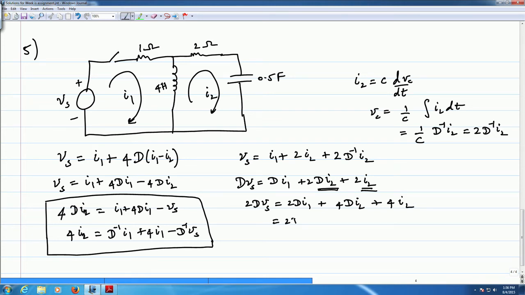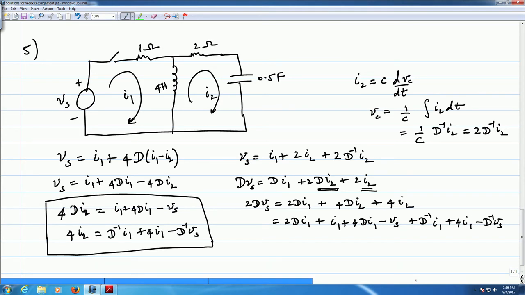So, this is going to be 2 d I1 plus I1 plus 4 d I1 minus Vs, and then for 4 I2 I need to plug in something else. I get here d inverse I1 plus 4 I1 minus d inverse Vs. So, that is it.